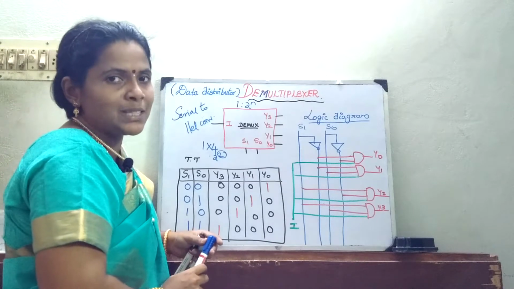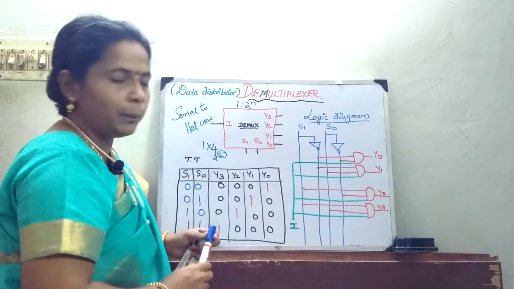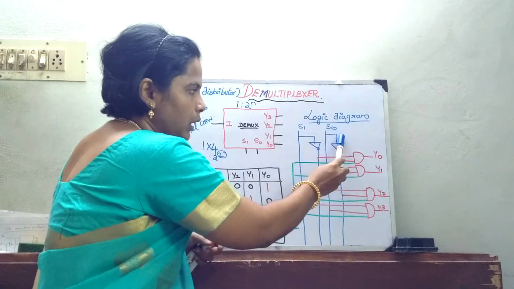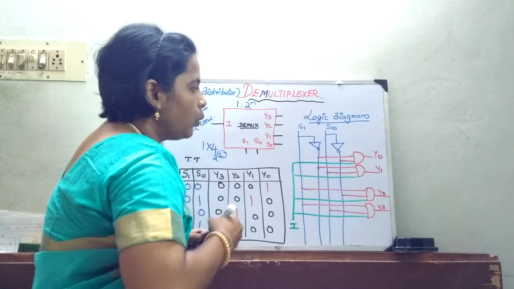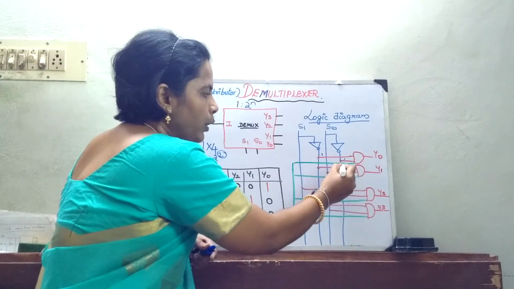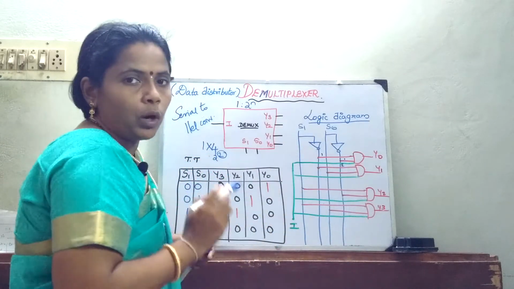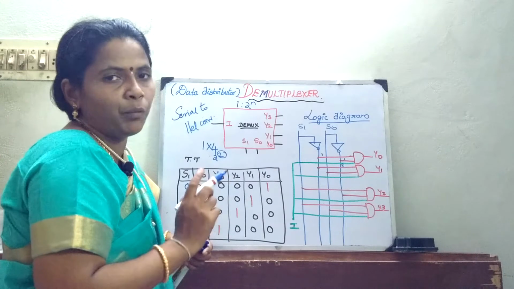Now let us see its working. Suppose I give the 0 0 signal, what will happen? 0 0 is given here. When it passes through the NOT gate, what will be the value here? 1 1. And your input data I is going to come. What is the function of the AND gate? The AND gate is a multiplication process.